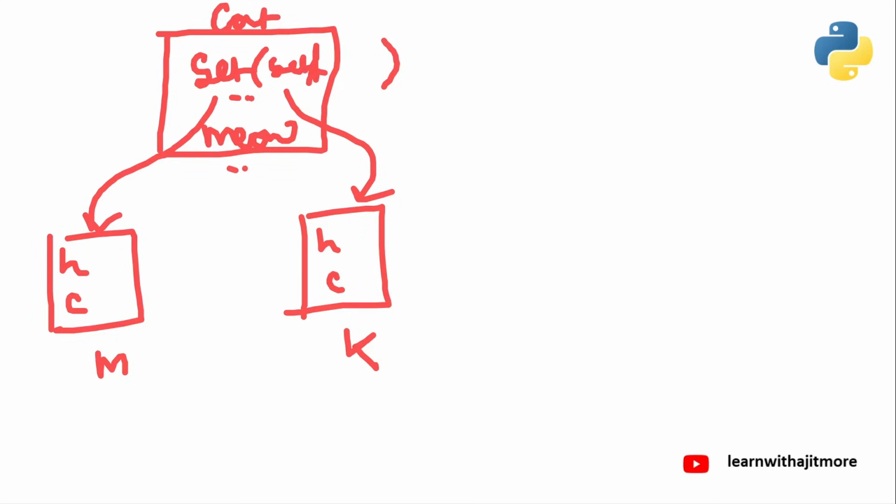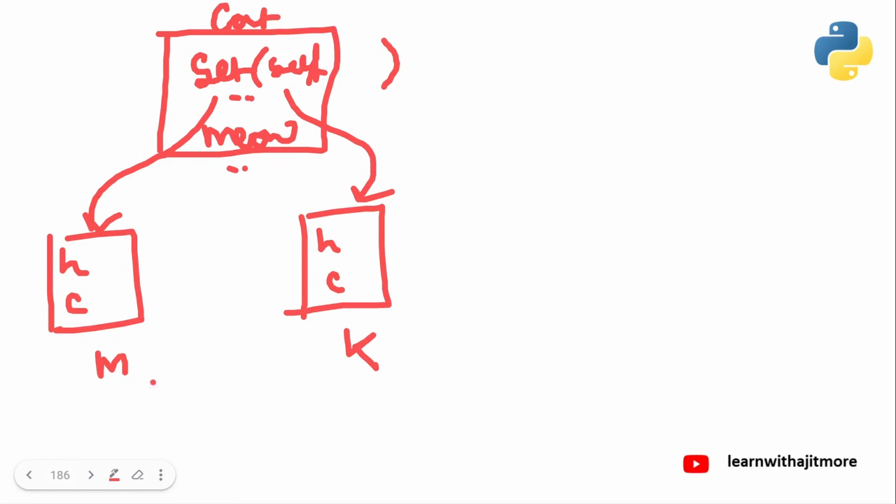So whatever has come in self, it will refer to that memory. If money is the reference in self, it will access this memory. If kitty is the reference in self, it will access this memory. While accessing, it does not know whether it is money or kitty. It is just saying whose reference has come, I'll go to that memory and access it.